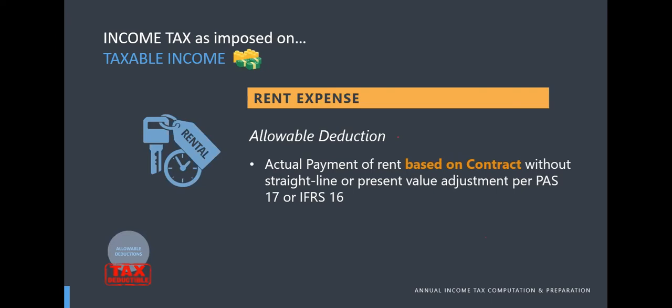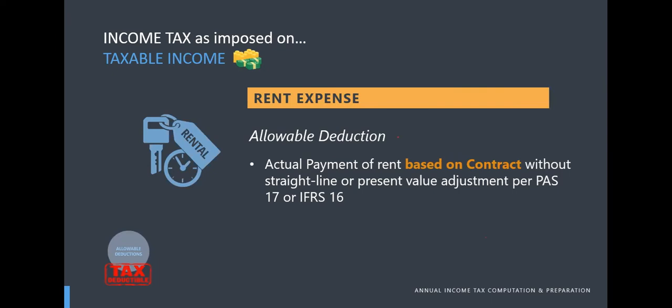So for example, if based on audit, the rent expense is equivalent to 1 million. However, the actual payment of rent expense during the year is 1.2 million. That is 100,000 a month.